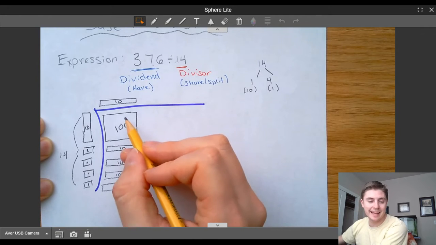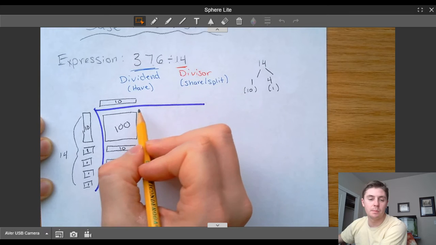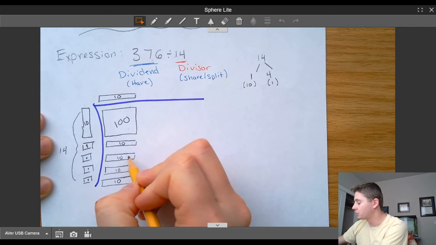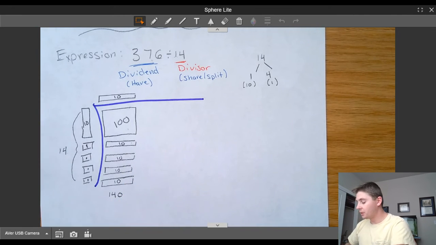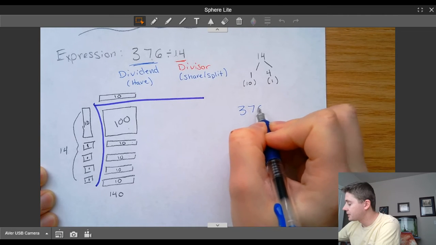I can actually stop there to add these up and subtract that from my current dividend to see what my next number on top should be. So I have 100, 110, 120, 130, 140. I'm going to go off to the right here, and I'm going to subtract those two out. My current dividend was 376.